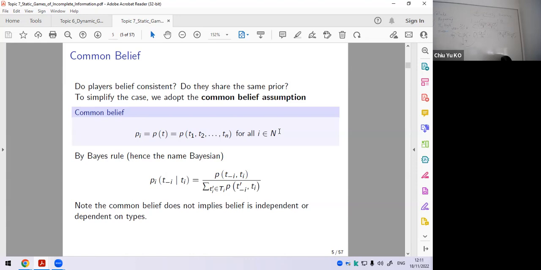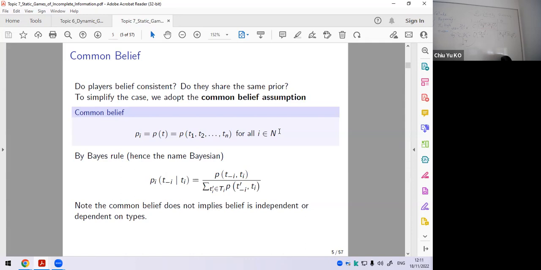This model does allow your belief to depend on your type. Which means that if I'm high type, it's possible that, say, firm 2 has low cost. And it's possible that if I'm low cost, my opponent is also low cost; it can be correlated.